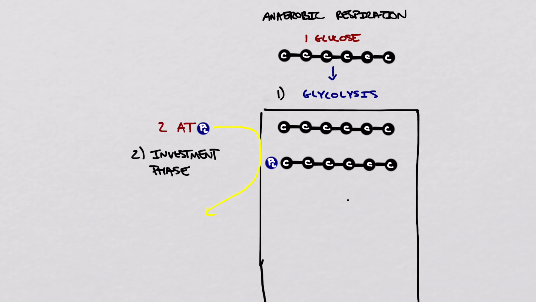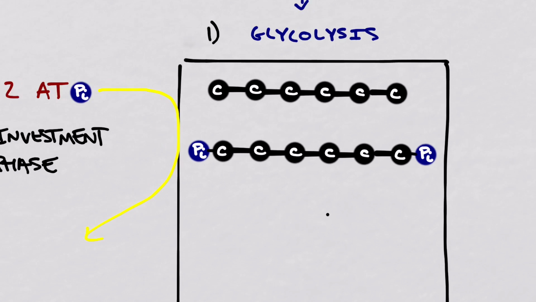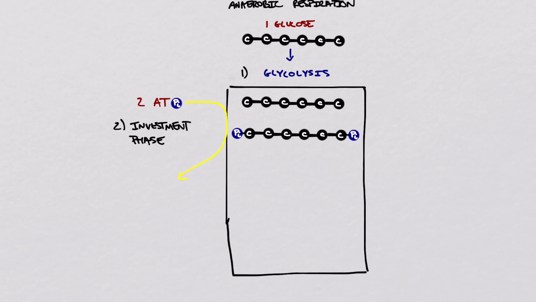Paste a phosphate on either side. The reason for this is that this phosphate group energizes this glucose molecule and makes it ready to do work.